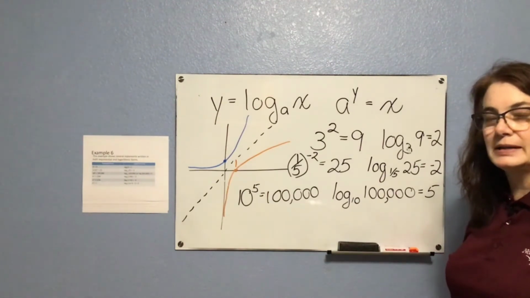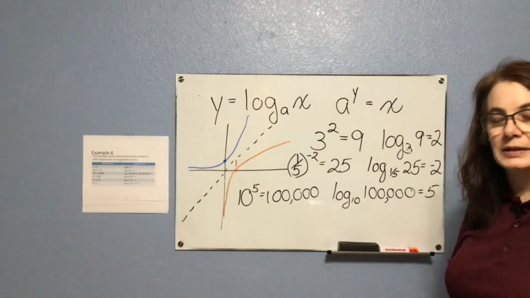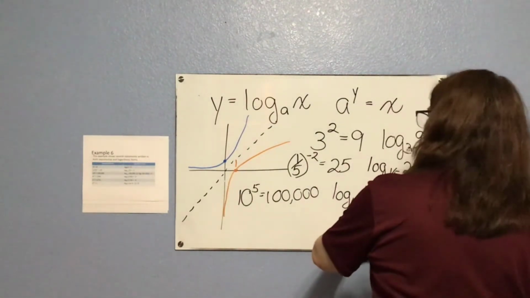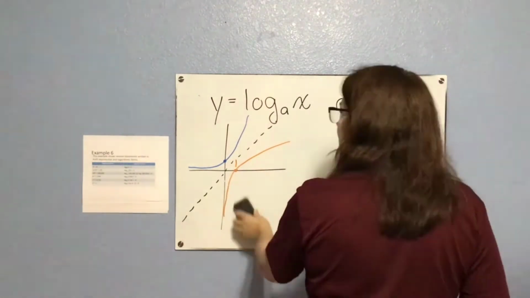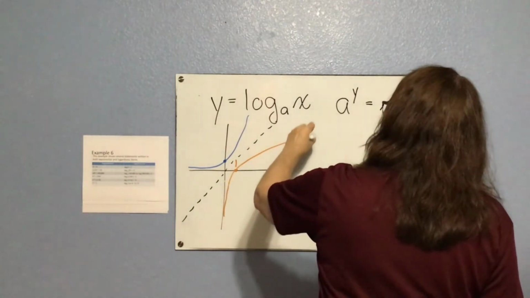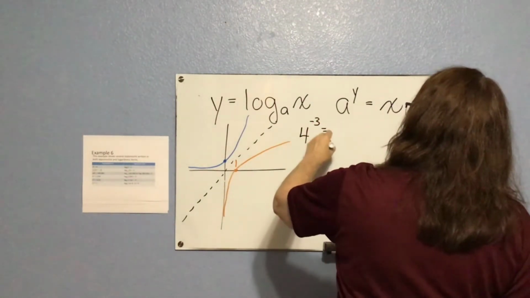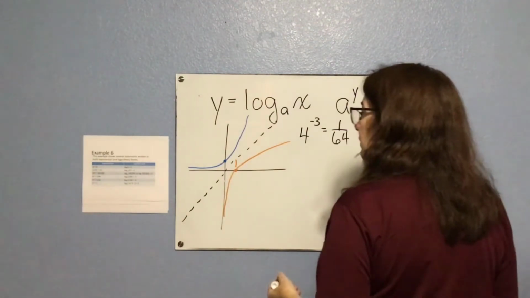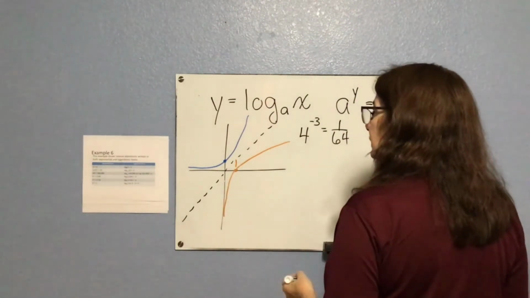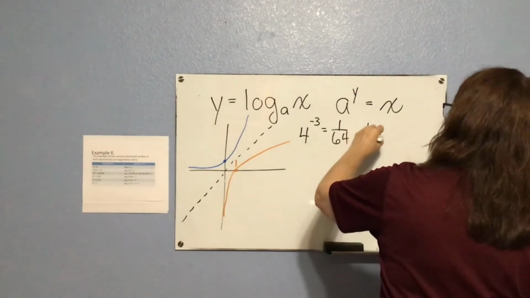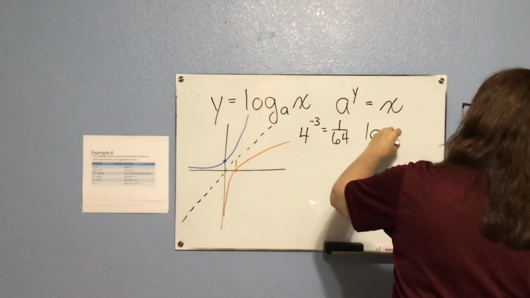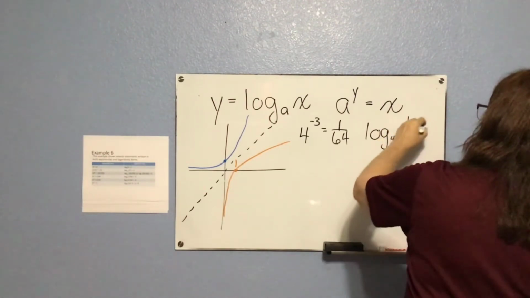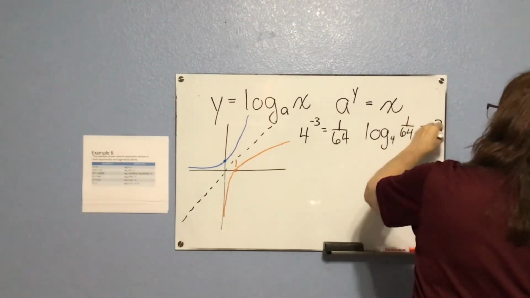If there's no base indicated, we just assume that it's 10. Let's look at a couple more. If I say 4 to the -3 is 1/64, I could rewrite that as log base 4 of 1/64 equals -3.